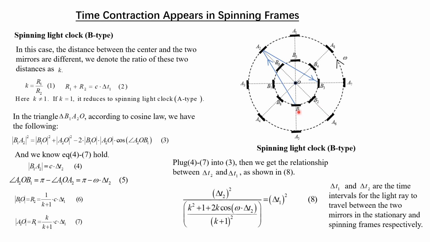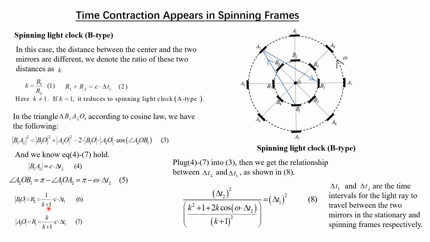You can see here the photon traveled from B1 to A2 in the spinning frame. So B1A2 is equal to C times delta T2. And this angle A2OB1 is equal to pi minus A1OA2, and this angle A1OA2 is equal to omega times delta T2. Delta T2 is the time interval in the spinning frame for the photon to travel from one mirror to the other mirror.